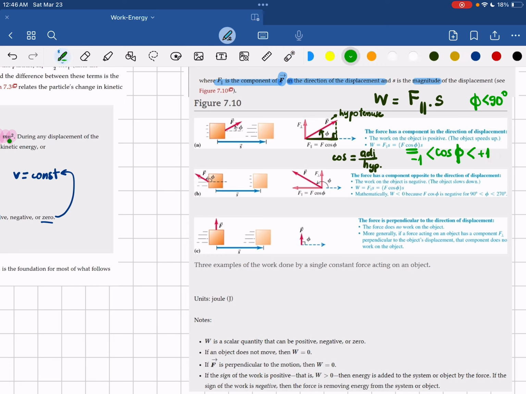If you have learned about the unit circle, then you can know this is the cosine, and if the angle belongs to this first section, quadrant 1, 2, 3, 4, if it's in this part 1, then the cosine should be positive.